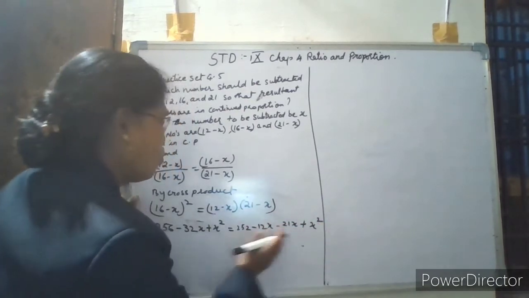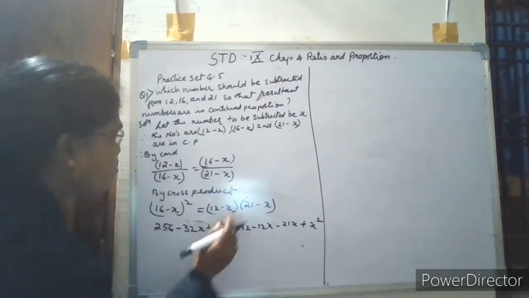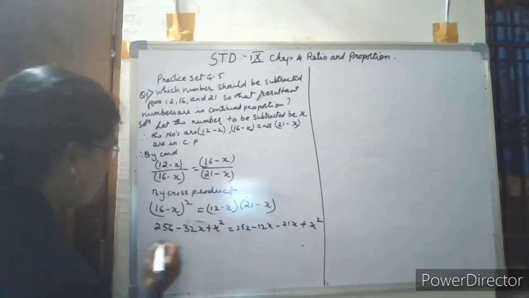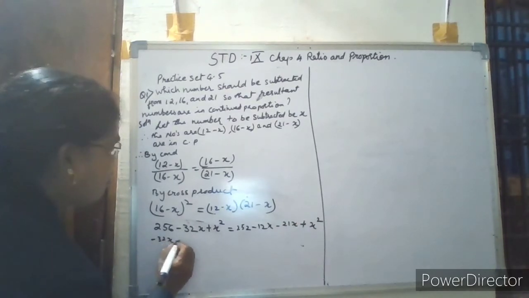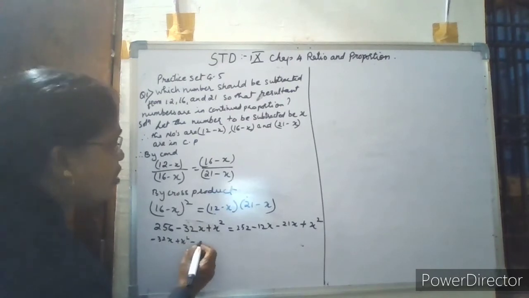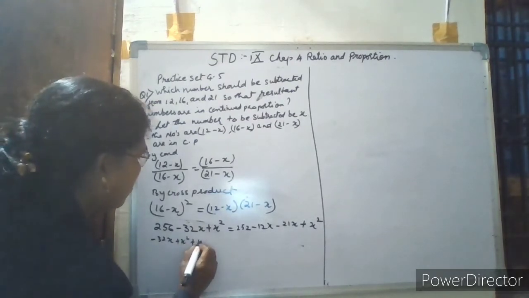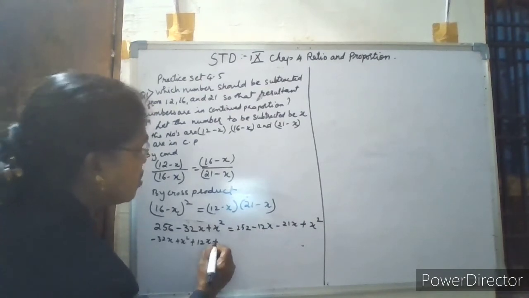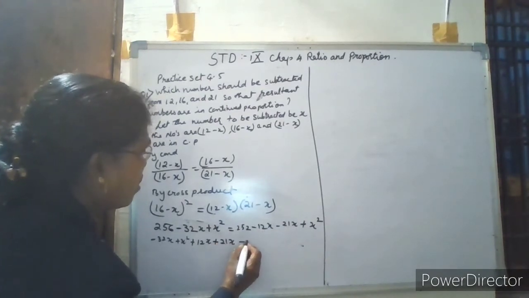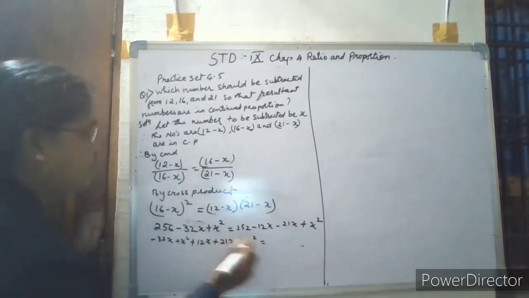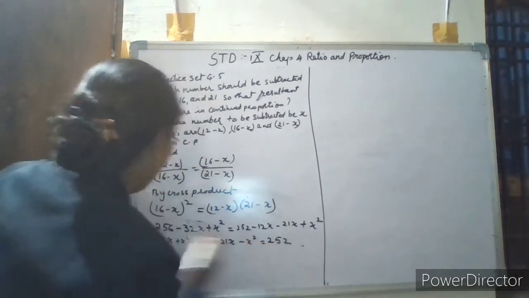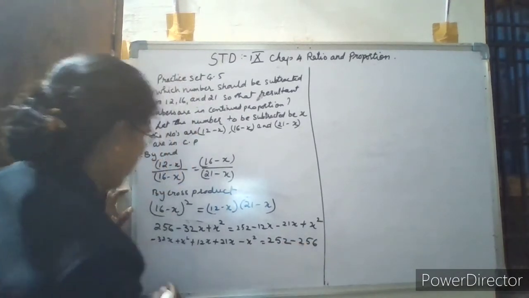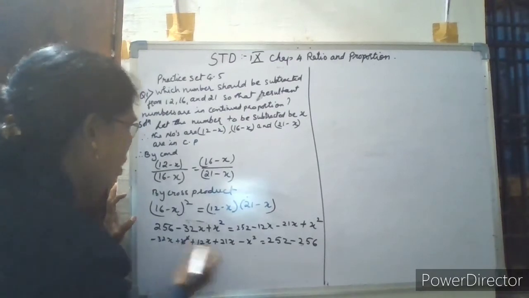So all the numerical terms you take one side and the terms with variable one side. So minus 32x plus x squared, then this minus will become plus 12x, plus 21x, then minus x squared is equal to 252 as it is. This you take this side, 256 minus 256... now x squared cancels.